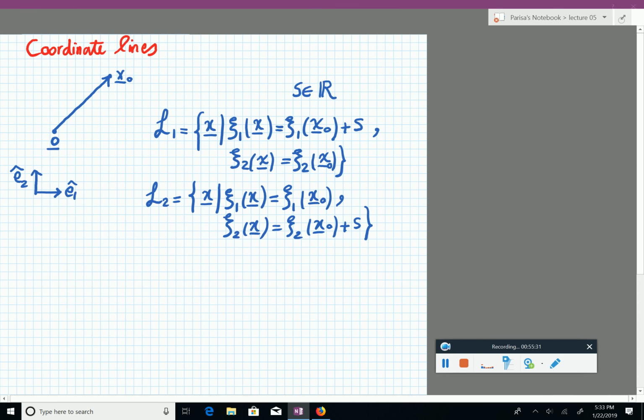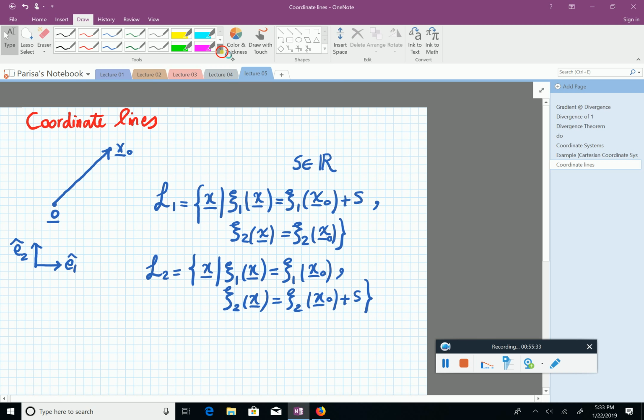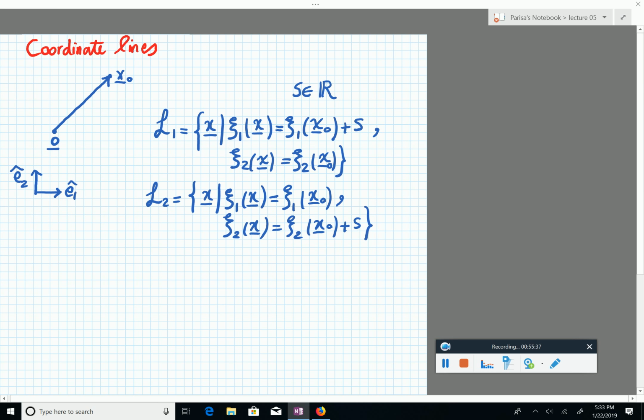So you should be patient. You will see later why we need to go through these. Draw them. Draw these two lines. You have the definition. You have seen all the symbols before.